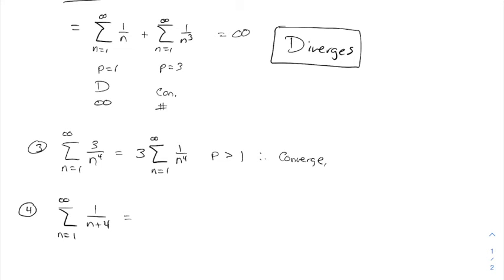If I start writing these terms out, n starts at 1, so my first term is going to be 1/5. Then plus 1/6, plus 1/7, plus 1/8, and so on. Now, below this, let's write out the harmonic series.